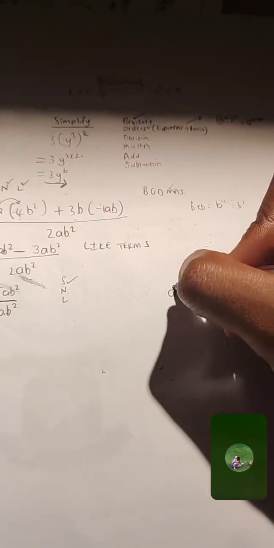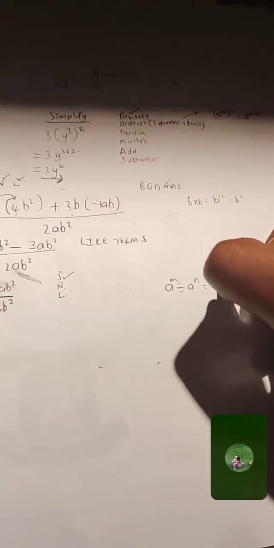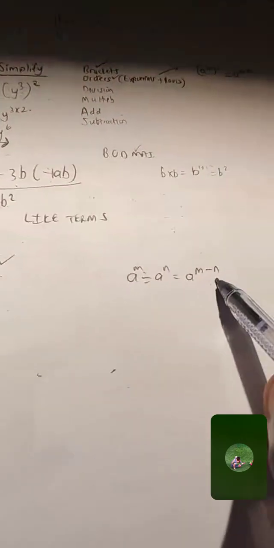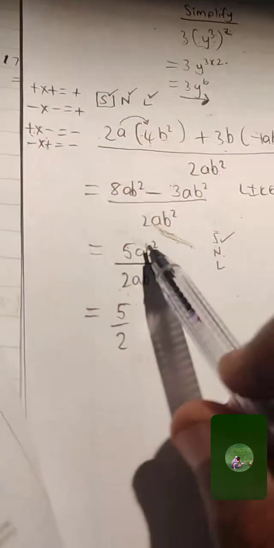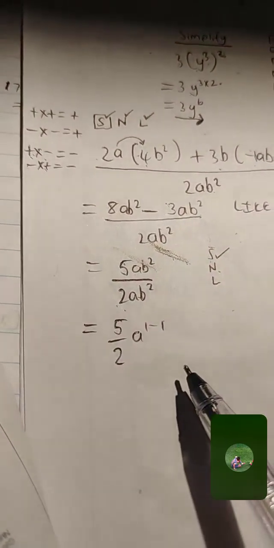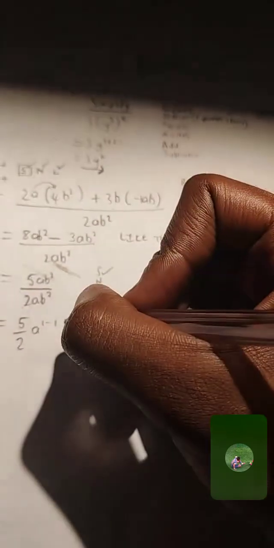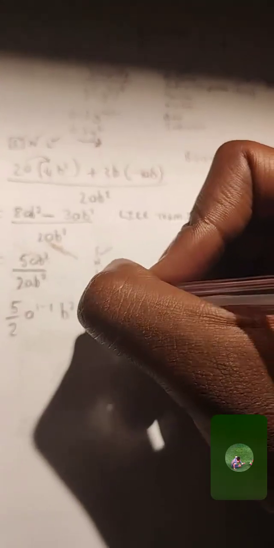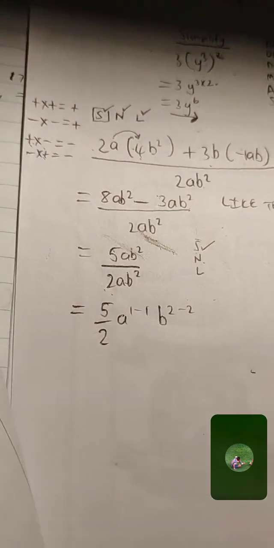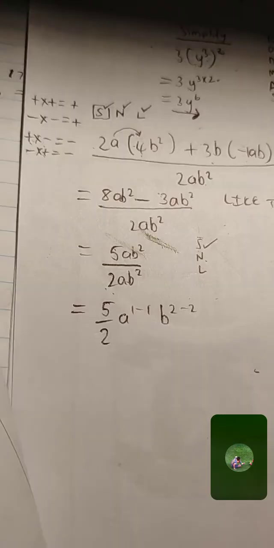No. Remember, laws of exponents. When you are dividing same bases, you keep the base and subtract the exponents. So the exponents here are A to the power 1 minus 1, and B to the power 2 minus 2.